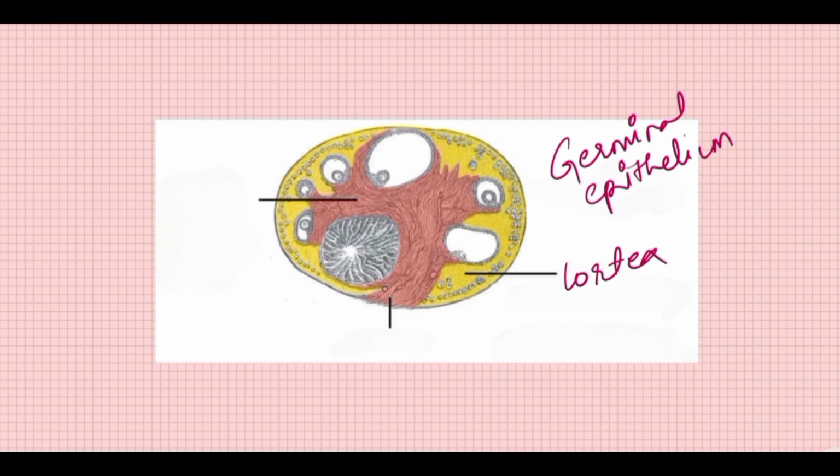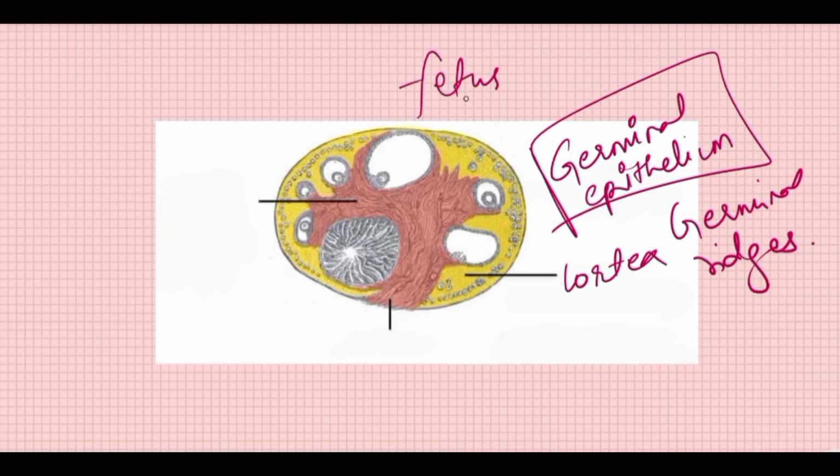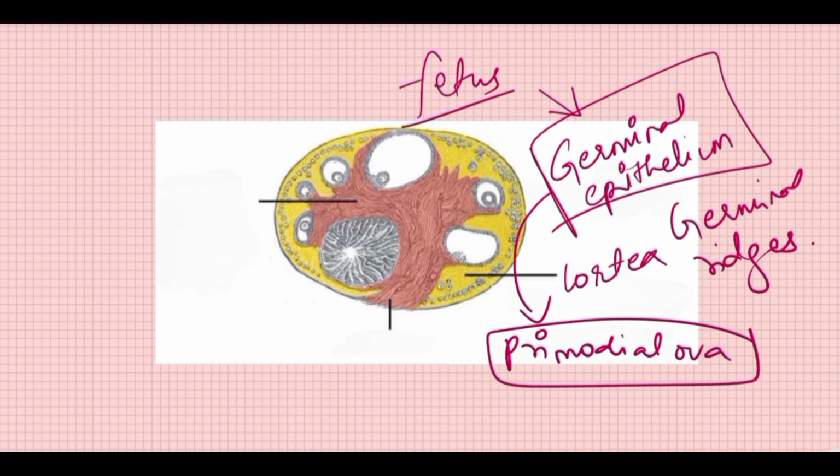This is the ovarian follicle. In intrauterine life, the outer part of the cortex contains the germinal epithelium derived from the germinal ridges. When the fetus develops, the germinal epithelium gives rise to a number of primordial ova. These move towards the inner substance of the cortex.